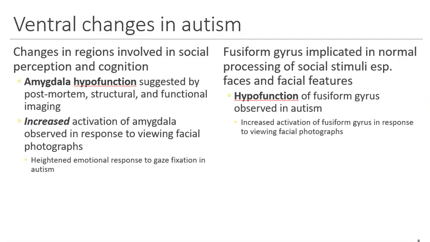However, you do see an increased activation of the fusiform gyrus in response to viewing facial photographs. Again, this is connected to this amygdala, that looking at faces does something a little differently in autistic patients.